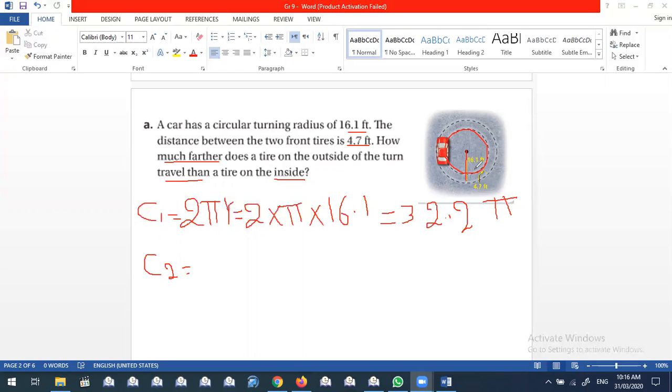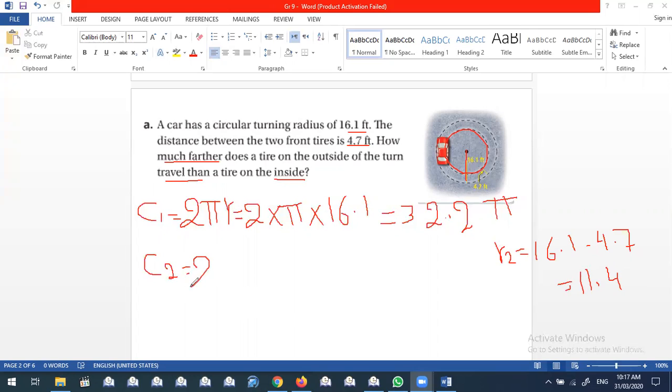So make 16.1 minus 4.7. It will be 11.4. So the radius of the inner circle from here to here is 11.4.